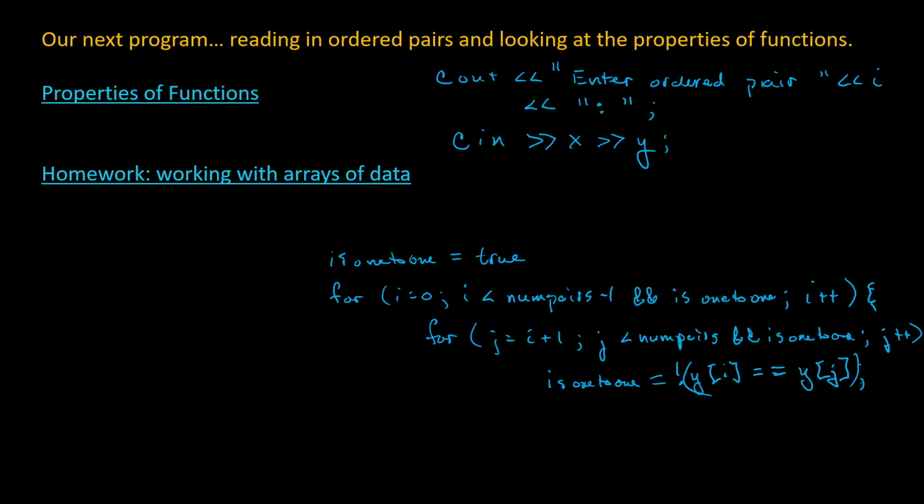When I get the false, I exit this loop. When I get in this loop and I'm done, it's false. It's not 1 to 1. Because if they're equal, I take the not of that and I assign it to 1 to 1. So that gives me the ability then to just check the minimum number of things. I have to do a loop to do it, but it's because I don't know how many ordered pairs I have coming in.